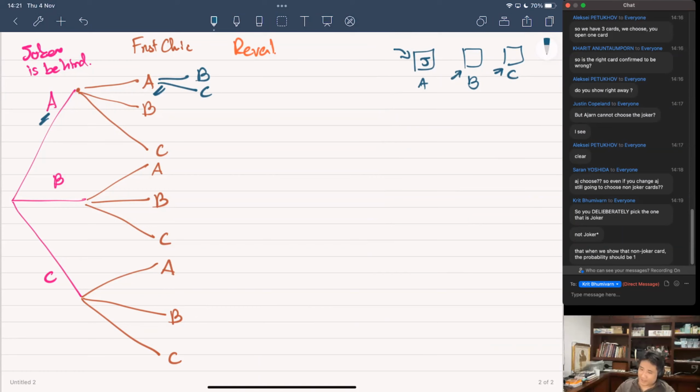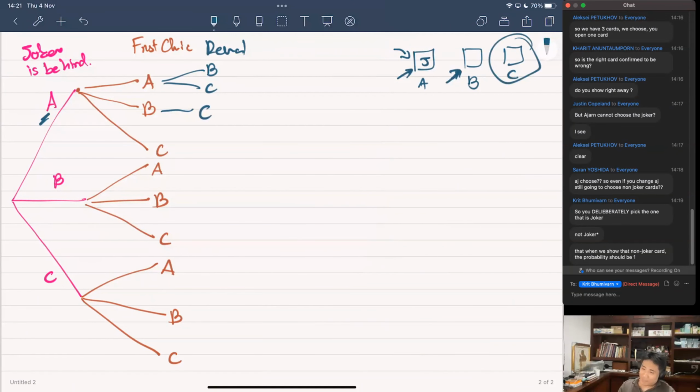Let me do this. This is reveal B. We need to save some space because it's going to be long. Reveal B, reveal C. I have two choices, right? And then if the joker is behind A and you pick B, then I have only one choice, to reveal C. Is everyone clear on that?